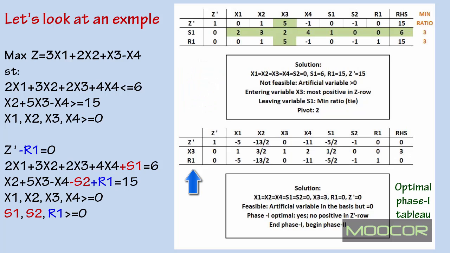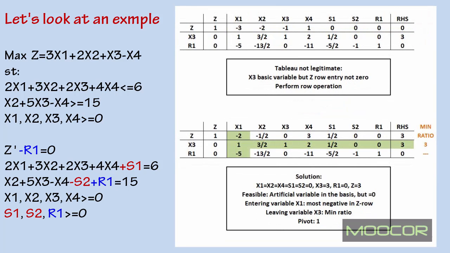But I realized that I have R1, an artificial variable, in the basis with the value of 0. So this is actually a feasible solution that I have at the end of phase 1. So I will start setting up my phase 2 problem.